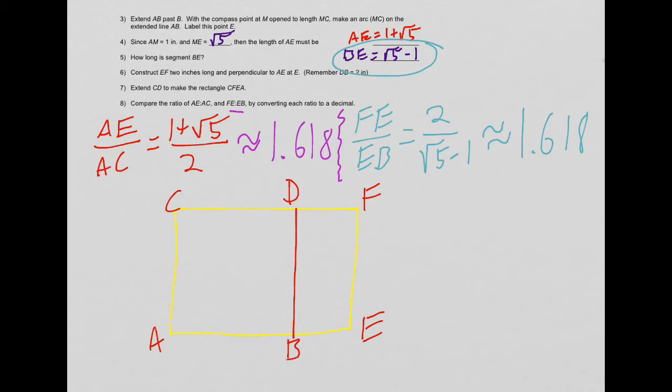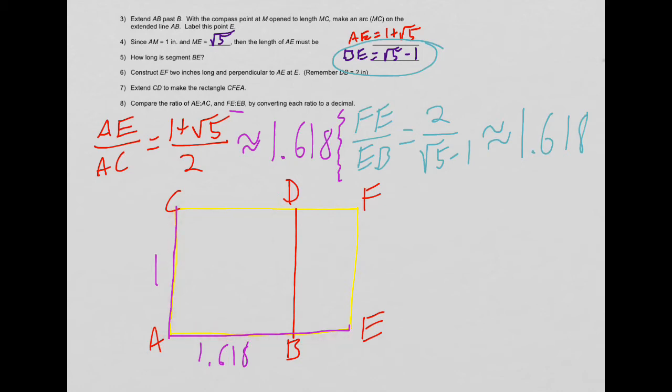And we said that AE is 1.618 times AC. So if AC were 1, AE would be 1.618.